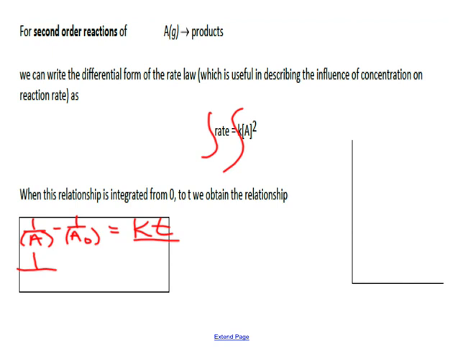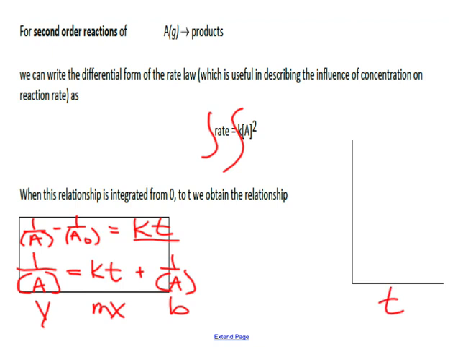So if I want to linearize this, I can swing that intercept over, plus 1 over A naught. So if I want to plot to prove something is a second order reaction, what am I going to put on the x? Time, and on the y? 1 over concentration of A, and my slope's going to be positive.